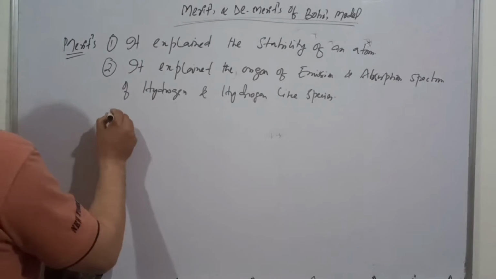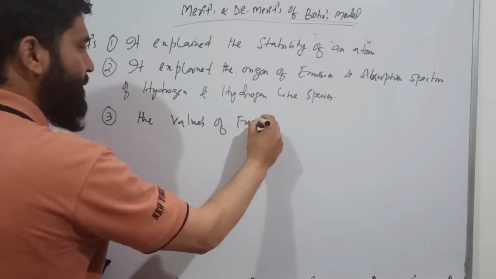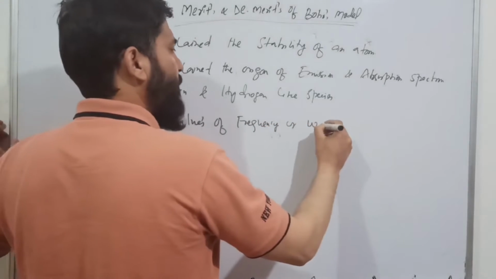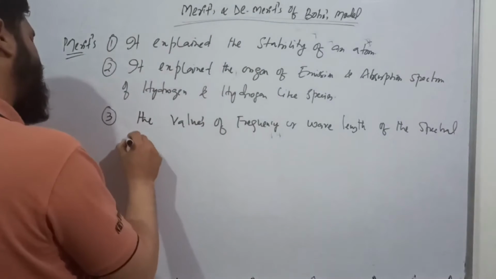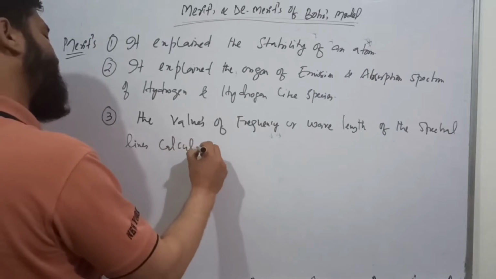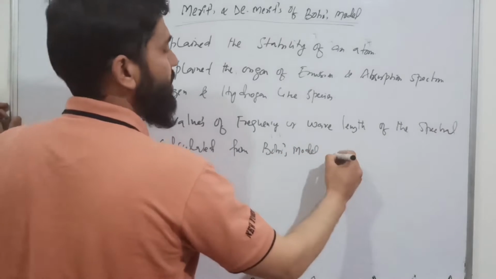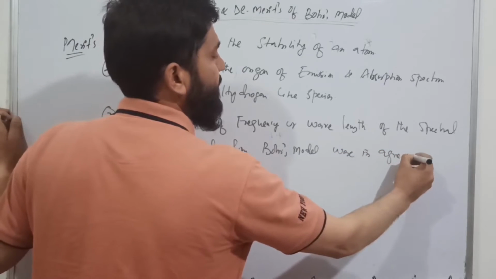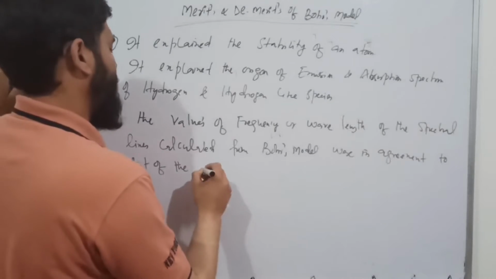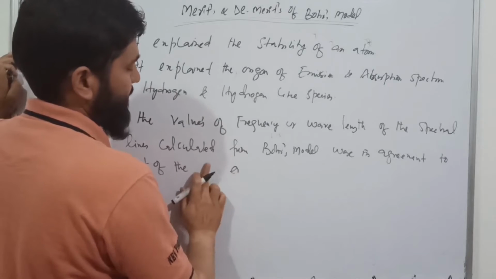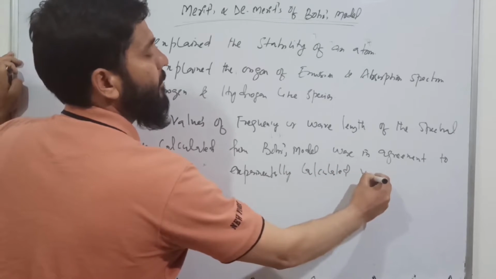Next merit or use of Bohr's model is the values of frequency or wavelength of the spectral lines calculated from Bohr's model were in agreement to that of the experimentally calculated values.